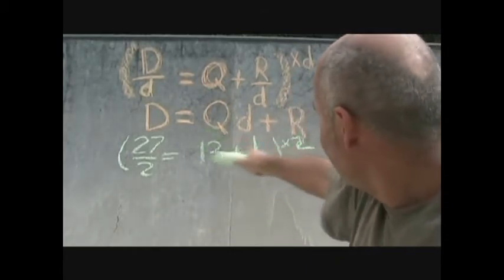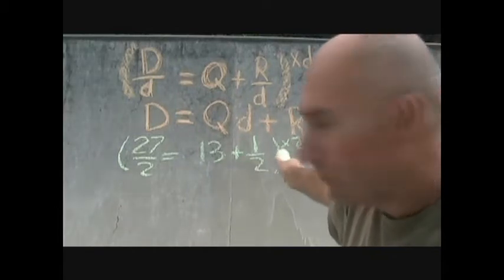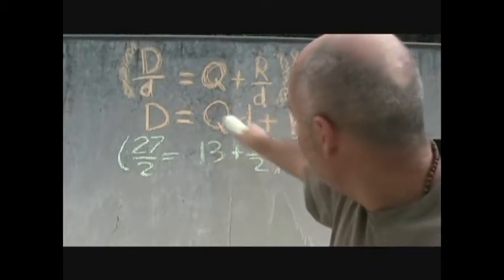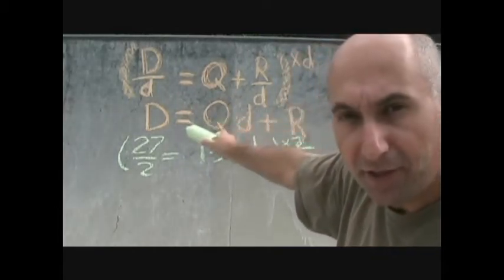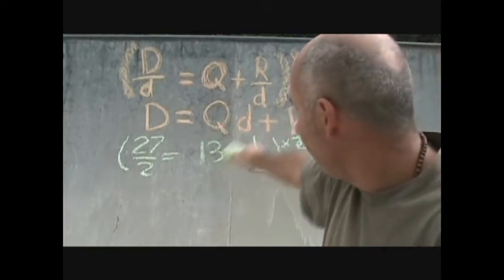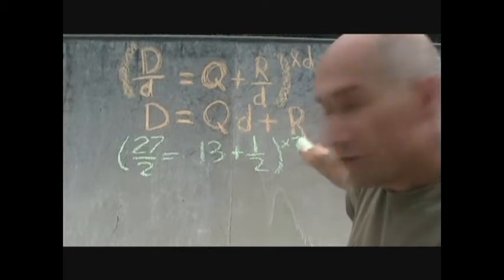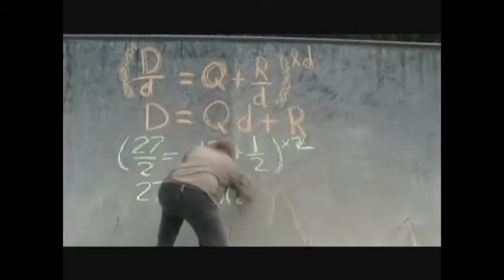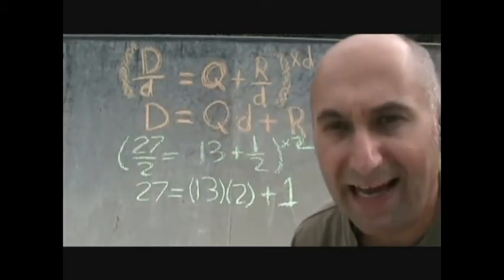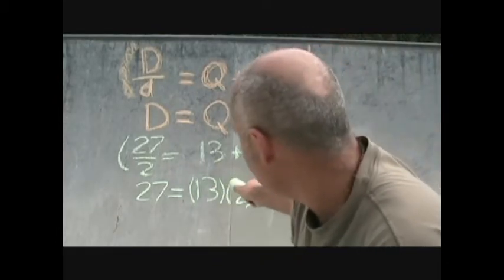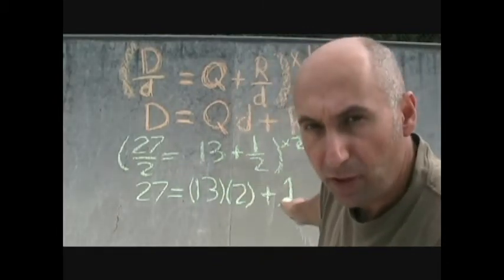So we're going to take that whole equation and multiply it by 2, and the 2 is going to reduce it down to this expression over here, right? Which your big D is going to be 27, your Q is going to be 13, your little d is going to be 2, and your R is going to be 1. So what we're going to have is 27 is equal to 13 times 2 plus 1.